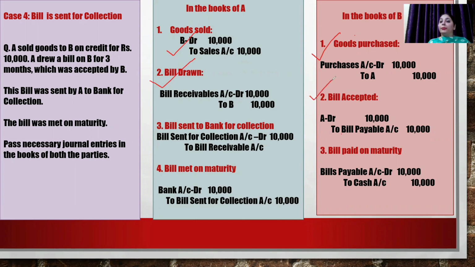But now in the books of holder, that is A, when this bill is sent to bank for collection, what entry will be passed? We will open a new account known as bill sent for collection account debit to bill receivable, because now bill is going out. What goes out is credited. Amount is 10,000 each, both in debit and in credit side.